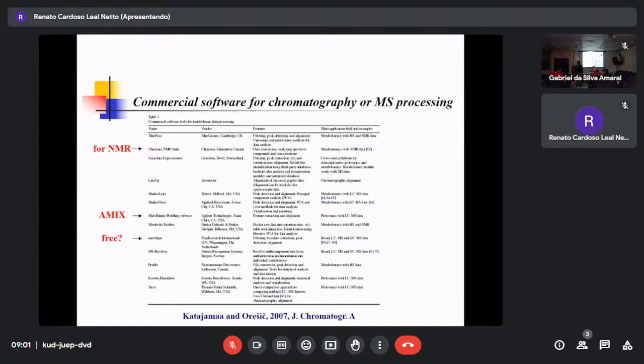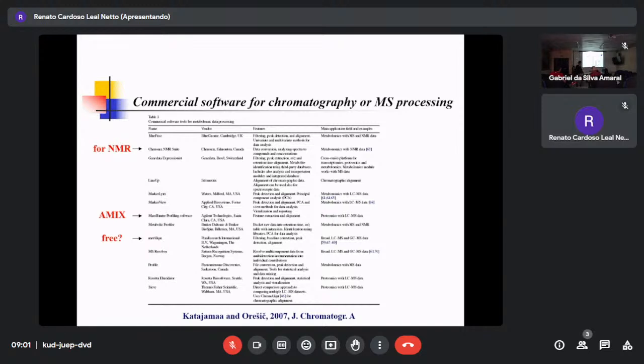Also, if you buy a new HMS machine nowadays, all the vendors have their own processing software. For animal cases, the one we usually use is Amix. Amix has now changed its name, but nowadays commercial ones are MestReNova or Chenomx. Those kinds of commercial software offer normalization.